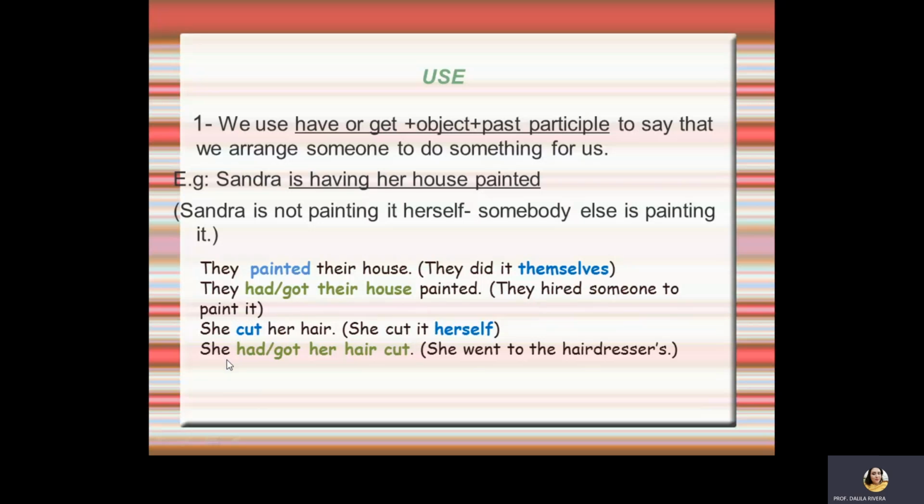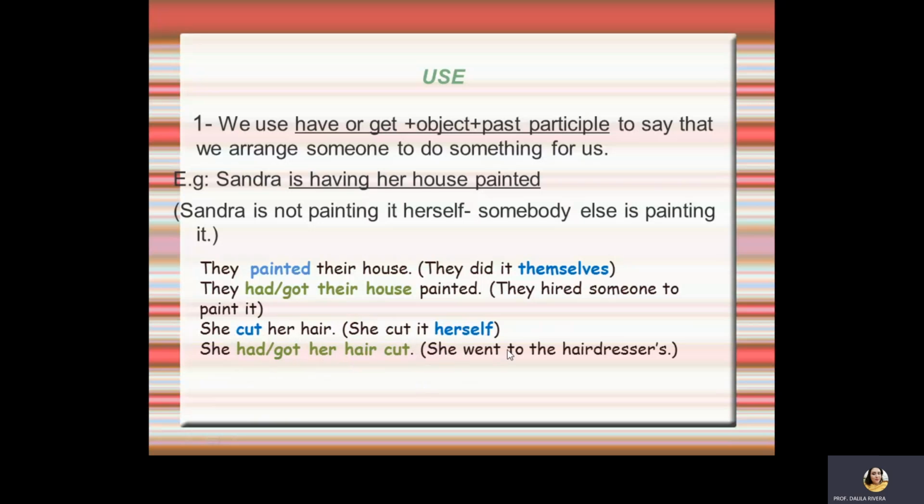Another example can be, she cut her hair. Cut without s because it's in past. She cut it herself. This is not common. It is not common that we cut our hair by ourselves. We usually pay someone else to cut our hair. So the most common form is she got her hair cut or she had her hair cut.